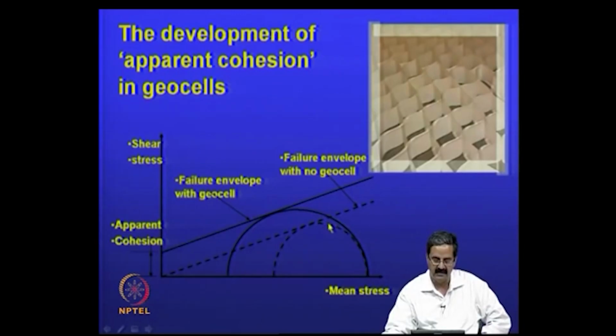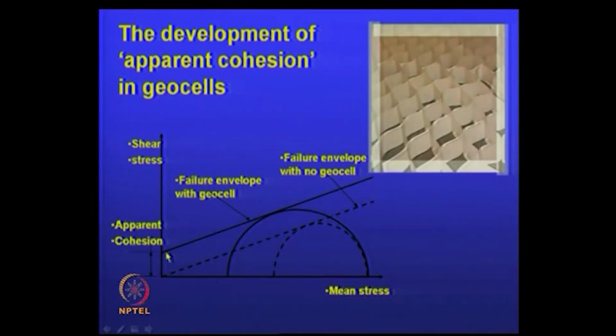You put this in the confinement within the geocell, and if you apply load, it behaves as if it has a higher confinement pressure, and it will take even higher strength as well; the shear stress that it can take is higher because of the confining pressure. Earlier it was this line, now this is the second line that you have.